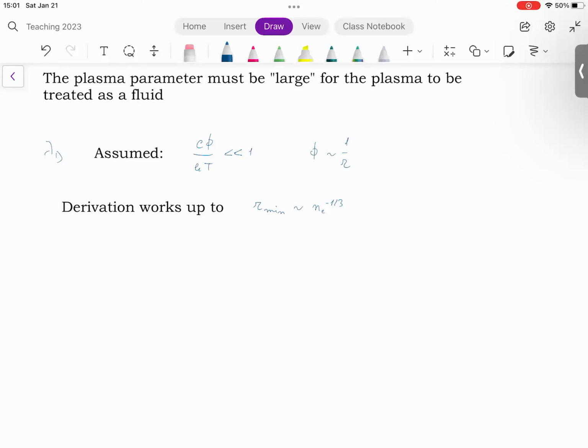Let me calculate my potential at a distance from the test particle equal to my R minimum. So that is going to be given by, this is something that you very well know, 1/4 pi epsilon 0 times my charge divided by R minimum.